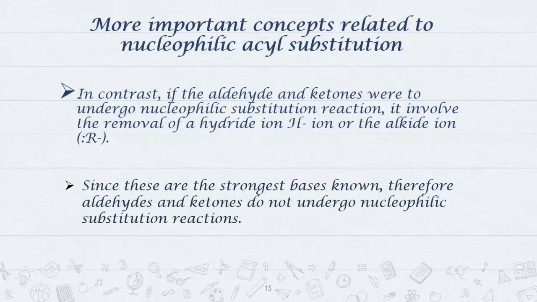Proceeding further, in contrast, if aldehyde and ketone were to undergo nucleophilic acyl substitution reaction, it would involve the removal of a hydride ion or an alkyl ion, like this. You can write it like this as a superscript. Since these are the strongest bases known, aldehyde and ketone do not undergo nucleophilic substitution reaction. A question like that could be asked: why do aldehyde and ketone not undergo nucleophilic substitution reaction?